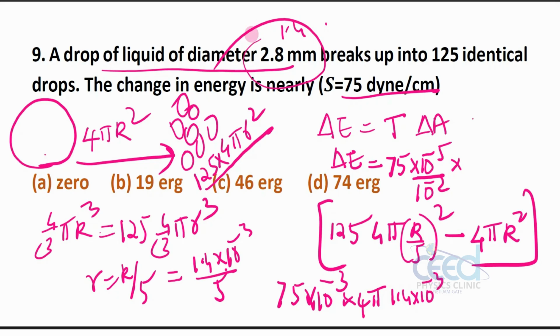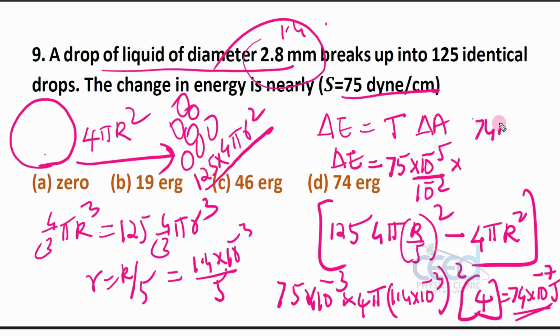Here what is remaining? 125 divided by 25, that is 5, minus 1, that is 4. By doing this you get 74 into 10 raised to minus 7 joule. 10 raised to minus 7 joule we can write as 1 erg, so 74 erg is the answer.